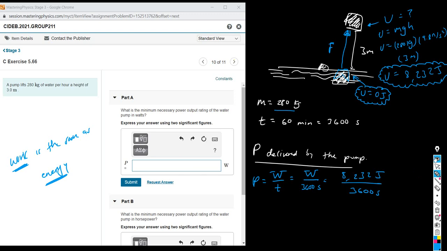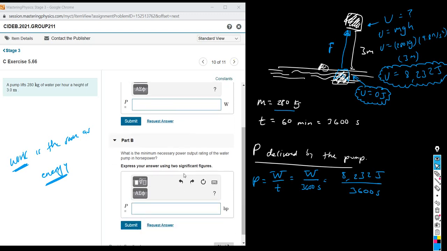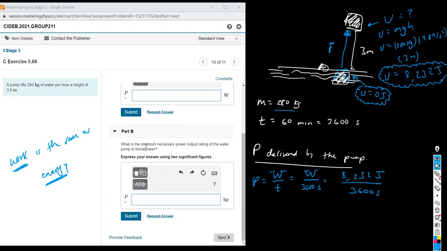Okay, and then finally, this part B: what is the minimum necessary power output rating of the water pump in horsepower? Well, that's quite simple. Let me actually calculate this value here. What value do we get out of this?